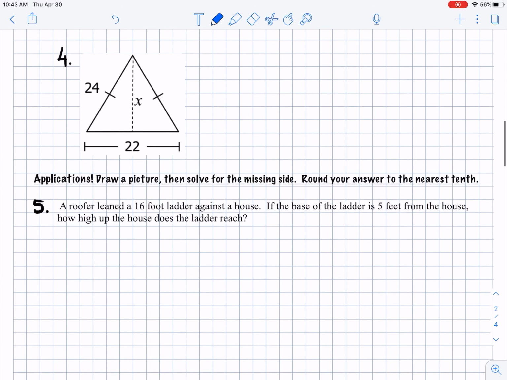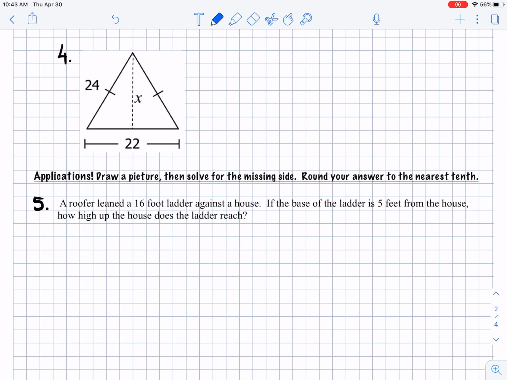Okay, number 4. Now if you pay attention, we have an isosceles triangle, because we have two sides equal. So this is also 24. In an isosceles triangle, x is actually the altitude. The altitude, if we drop it in an isosceles triangle, is going to split the base into two equal sides, and this is going to be 11, and this is also going to be 11.